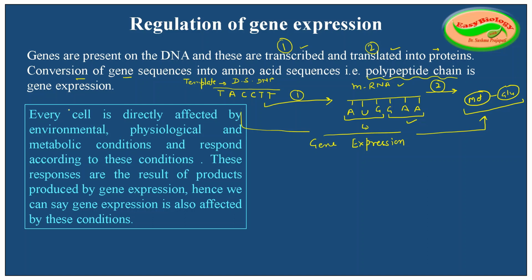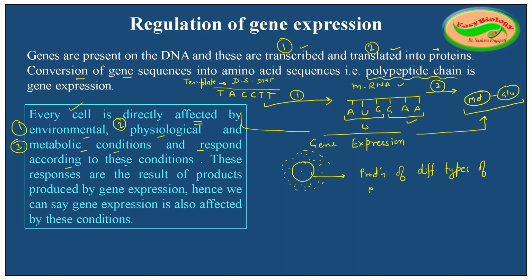Each and every cell is directly affected by the environmental, physiological and metabolic conditions, and they respond according to these conditions. Suppose this is a cell growing in a nutrient medium. Any change in its environmental, physiological or metabolic condition will lead to the production of different types of enzymes or proteins.